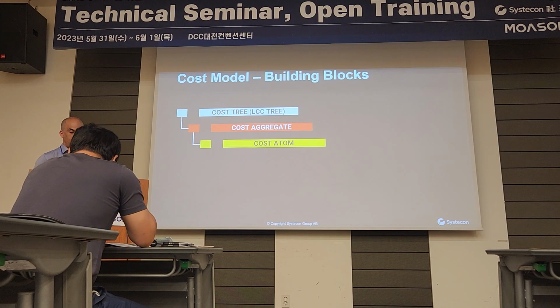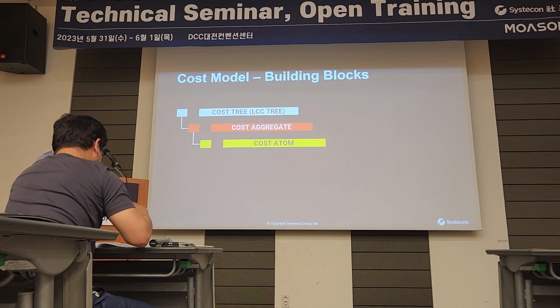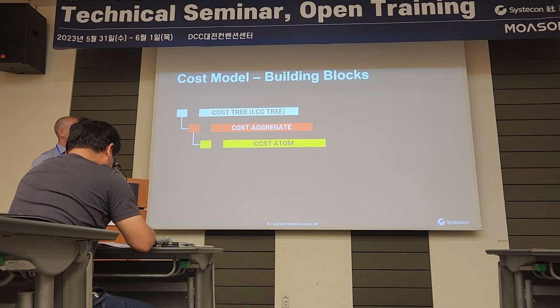Then you have something we call a cost atom, which is the actual cost that is calculated. So multiple cost atoms can be aggregated into a cost aggregate.